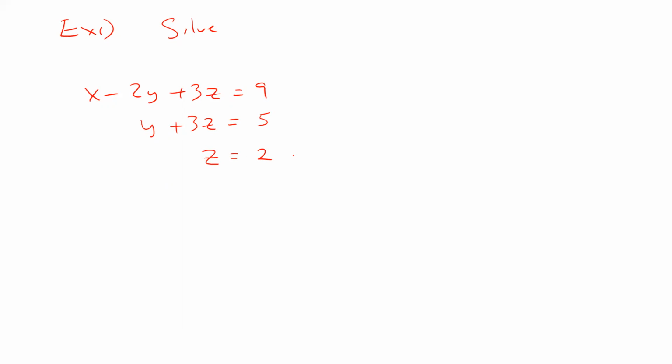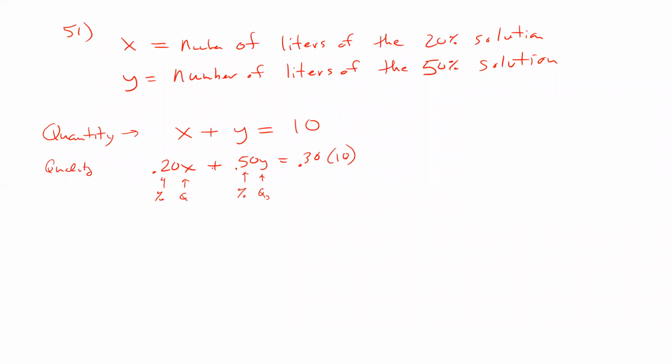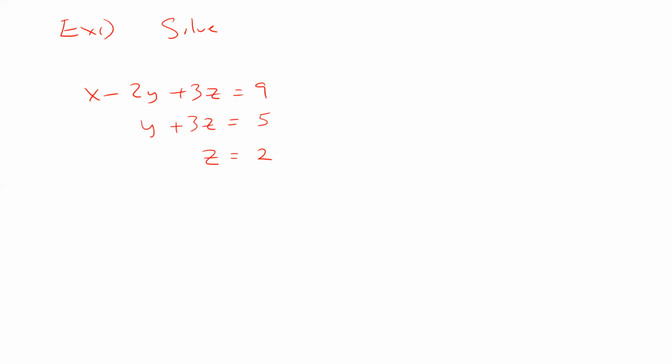So notice this is an interesting thing. Do we know what one variable is already? Absolutely. There it is. Off to the side, I know this piece right here. I know z equals 2. Sweet.